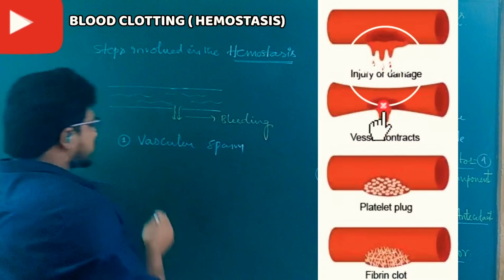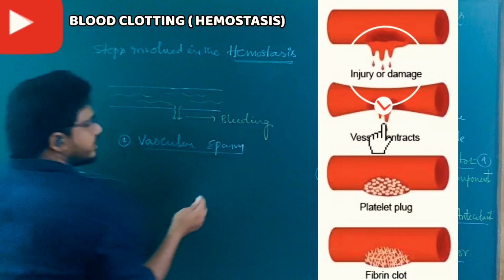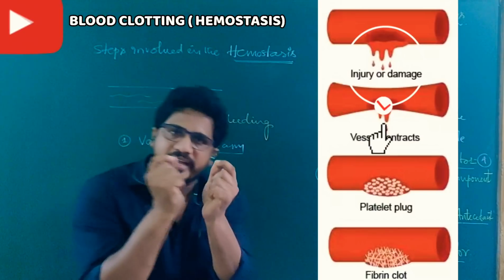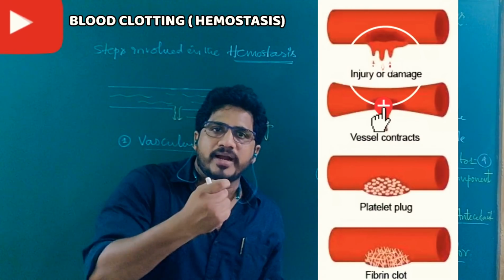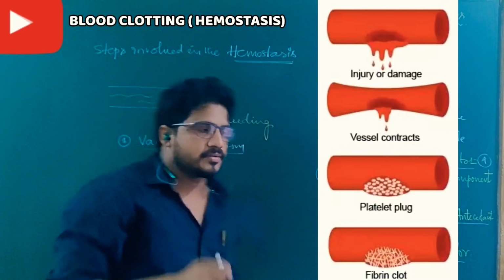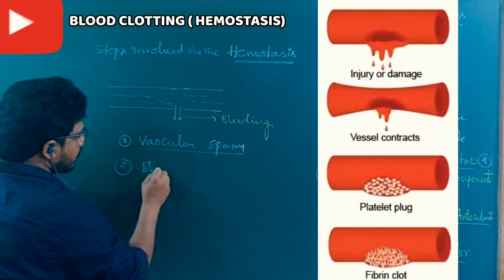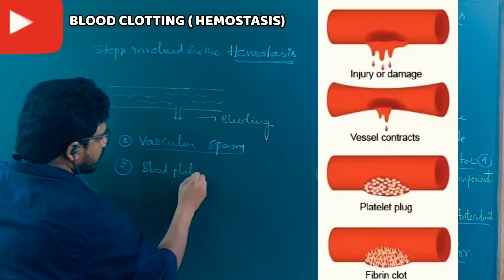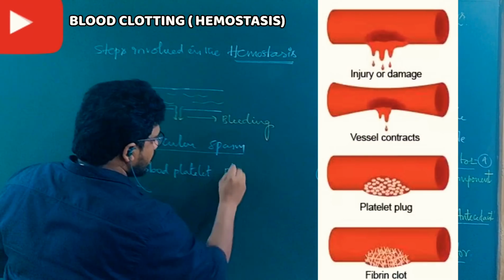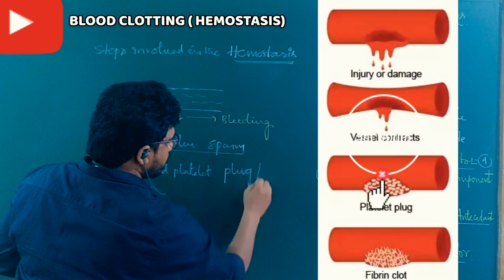Clear? So that is called vascular spasm. Vascular spasm constricts the area so that the flow of blood decreases but does not stop. Second one, blood platelet plug formation.